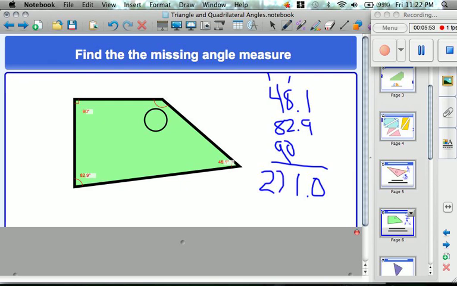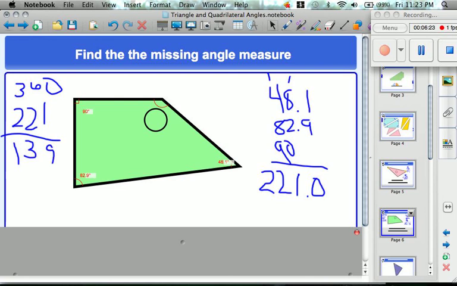There we get 221 degrees. And we know that we're dealing with 360 degrees, so we can take the 360, subtract 221 from that, and we get 139 degrees.